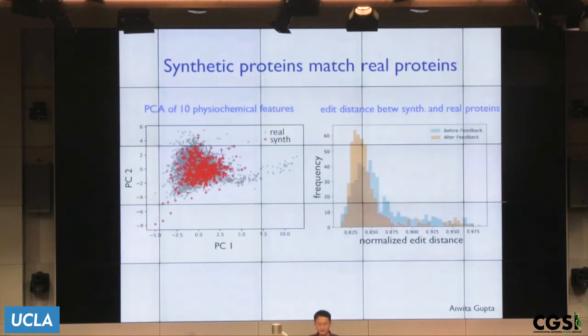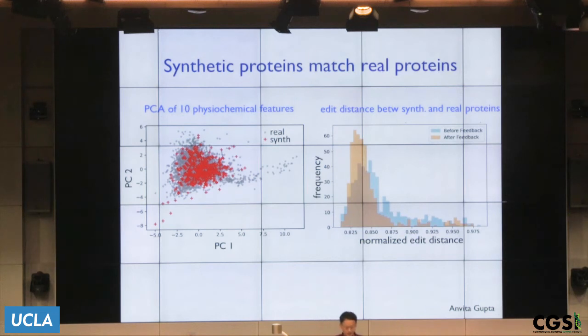But amino acid usage is a very crude metric. There are lots of other metrics one can use to measure different physicochemical properties of these proteins. Here you take the 10 most common types of biophysical properties of proteins and do a PCA plot of them. Each gray dot is one real protein from a desirable family, plotted along those different physical properties, and each red cross is one of the synthetically generated proteins from this transport.